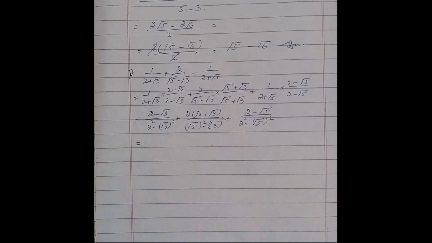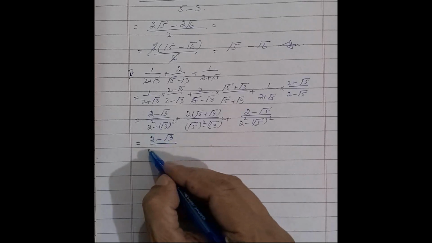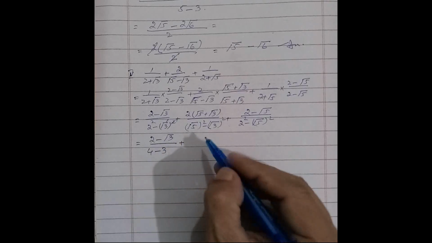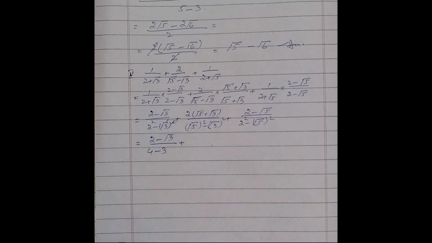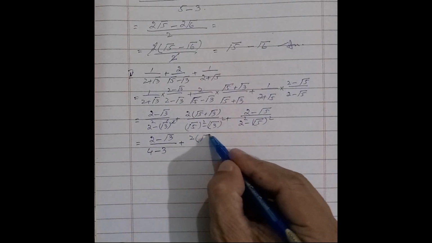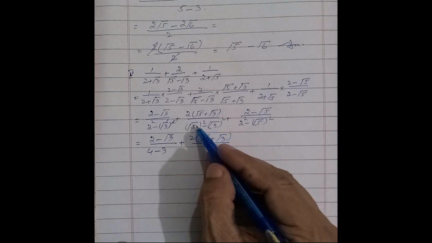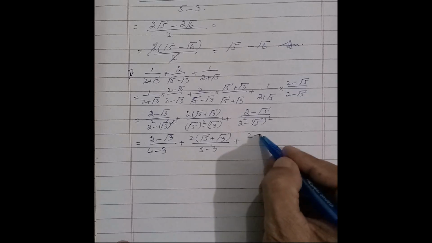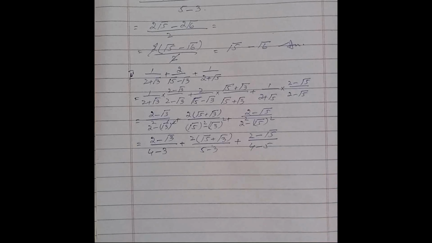Now we simplify these values. We get 2 minus square root 3 over 2 square is 4 minus square root 3 square, square and square root cancel, we have 3, plus 2 into square root 5 plus square root 3 over a square minus b square, it is 5 minus 3, and the last value is 2 minus square root 5 over 4 minus 5.